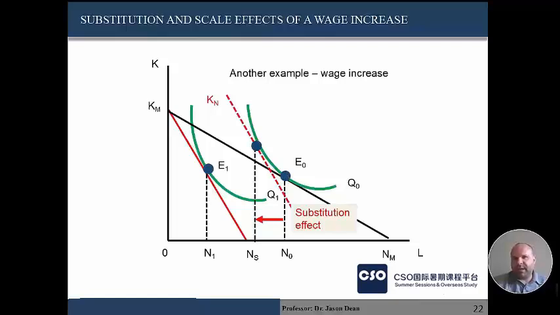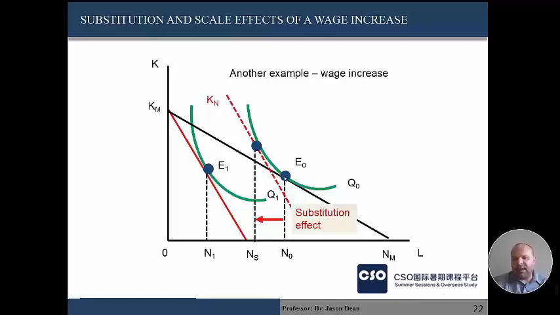And that's the substitution effect. Remember, the slope of this line is W divided by R, so it's the relative wage. The relative cost of labor has increased because the wage increased, but the price of capital R stayed the same. So this decrease from N0 to NS is the substitution effect.